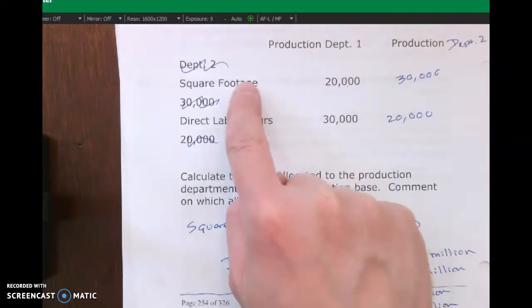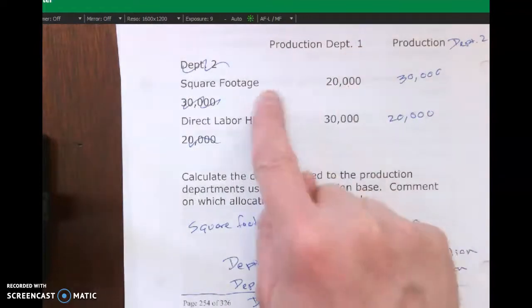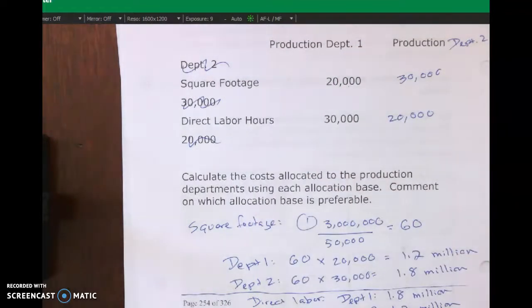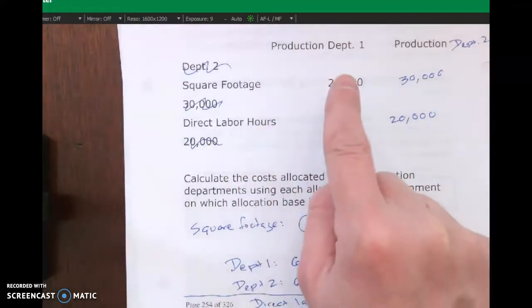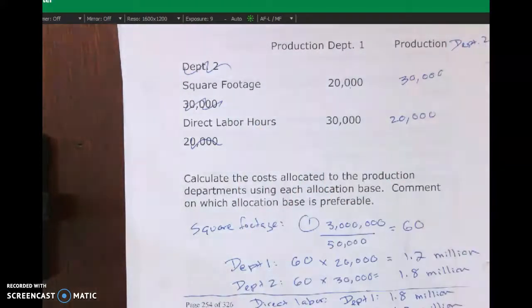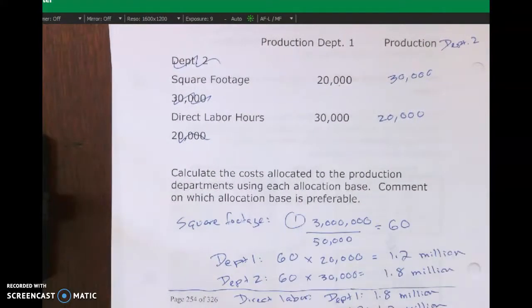The allocation base is square footage or labor hours. Now, if Department 1 doesn't have any square footage, if everybody's just working from home, then it doesn't make sense to allocate any cost to Department 1 based upon square footage. In that case, you might want to use labor hours because square footage is not a characteristic that's common to both departments. So that would be the first thing that we'd want to think about.